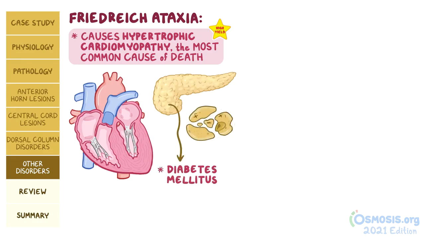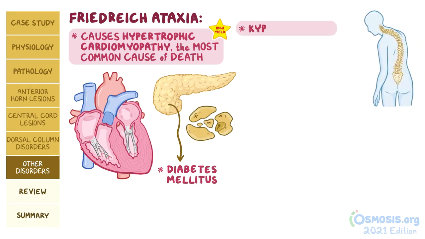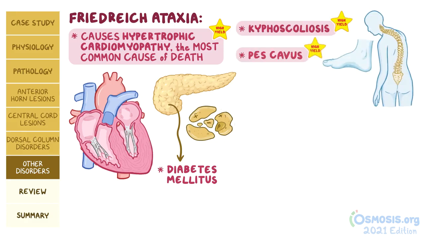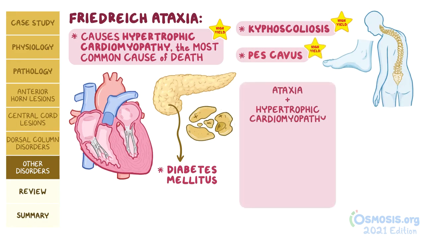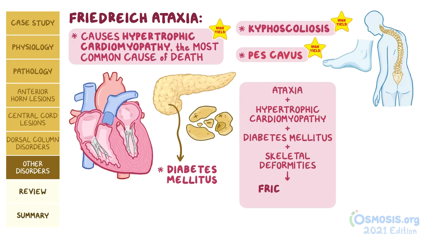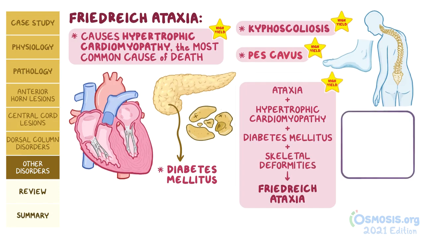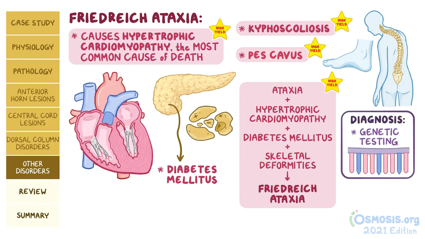For your exams, it's also important to note that skeletal deformities are also common, including kyphoscoliosis and foot deformities, like pes cavus, which is high arch of the foot that does not flatten with weight bearing. So, ataxia plus hypertrophic cardiomyopathy, diabetes mellitus, and skeletal deformities points to Friedreich ataxia. Diagnosis can be done with genetic testing to look for uninterrupted GAA repeats. Currently, there are no treatments available.